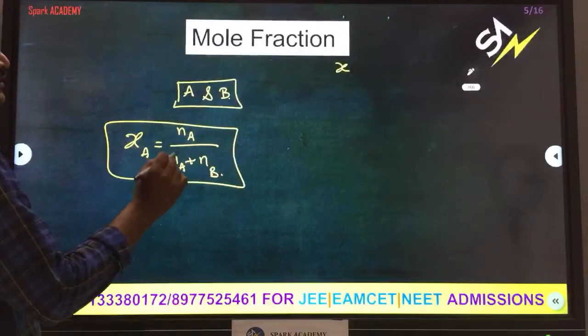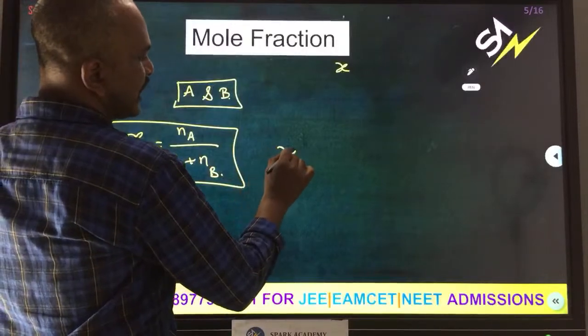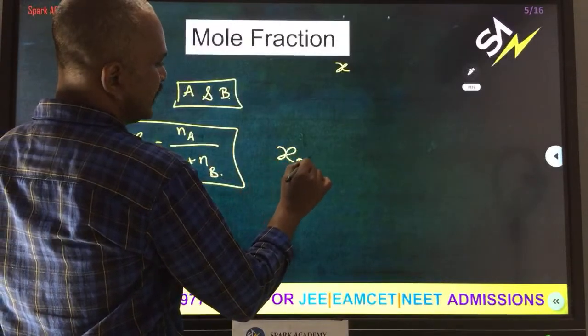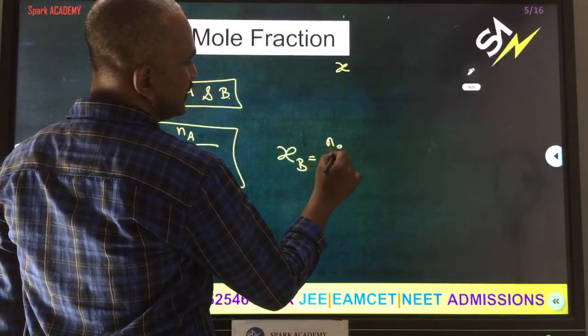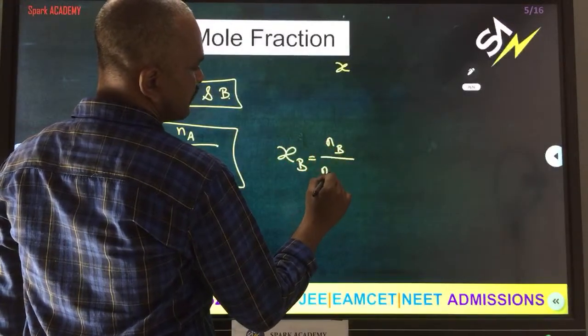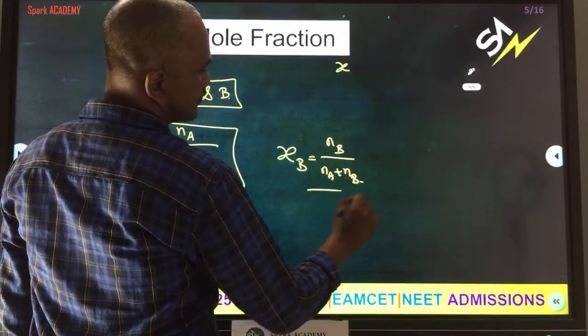Understood this one? So, for example, if you want to find the mole fraction of B, then how it comes? Number of moles of B by number of moles of A plus number of moles of B. Understood?